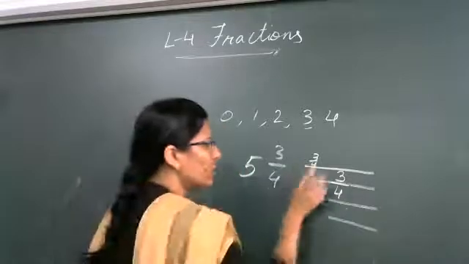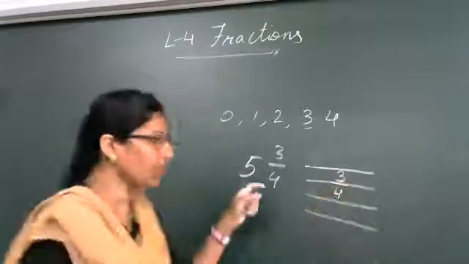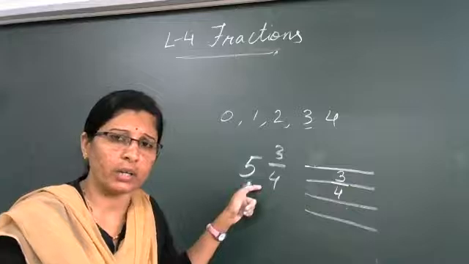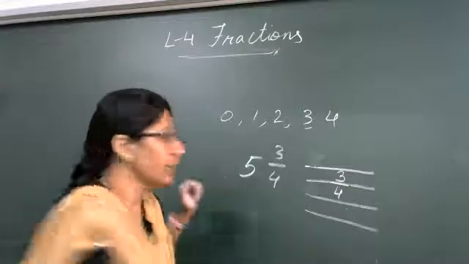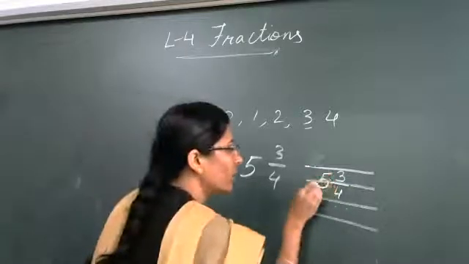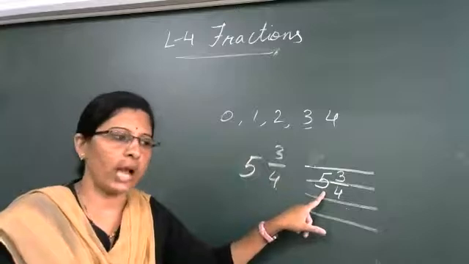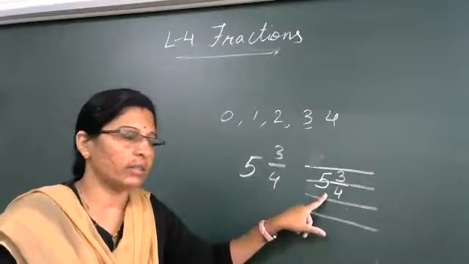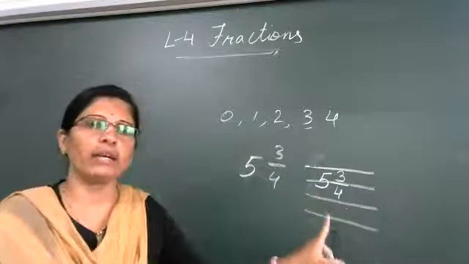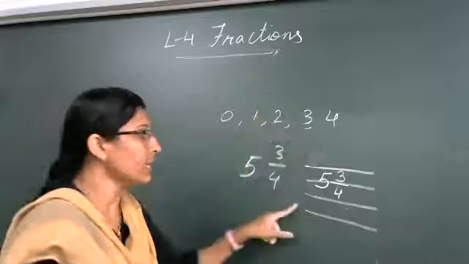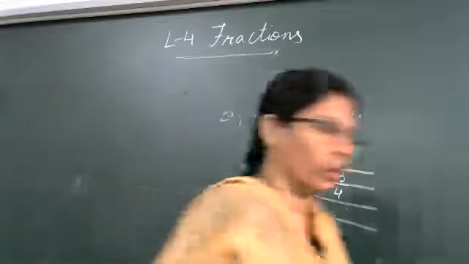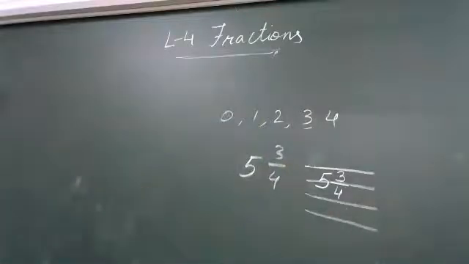Don't write like this. You write in one line. And in this mixed fraction, this is a whole number. This you can write here in the middle. Okay? So like this we can write this mixed fraction.